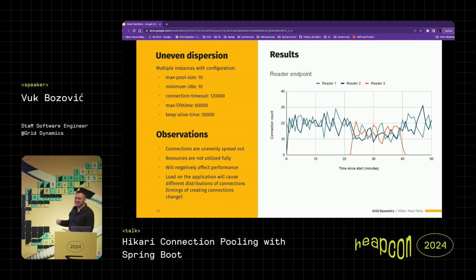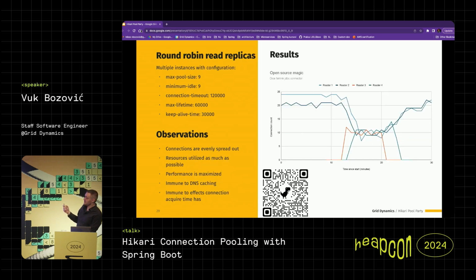So this uneven distribution of connections will eventually lead to uneven usage of resources, meaning more money to Amazon, and nobody likes that.